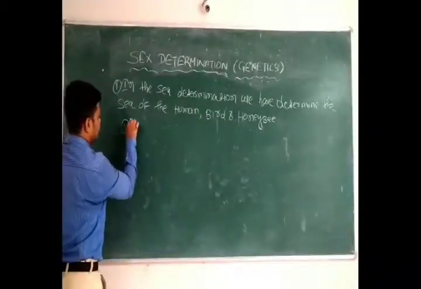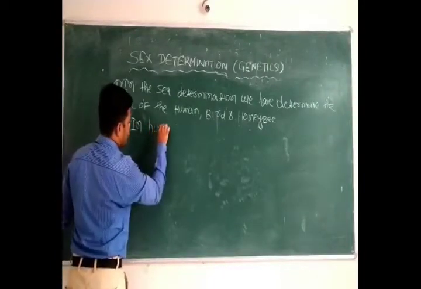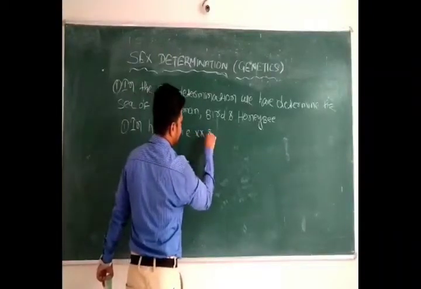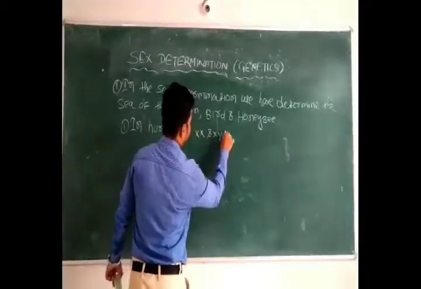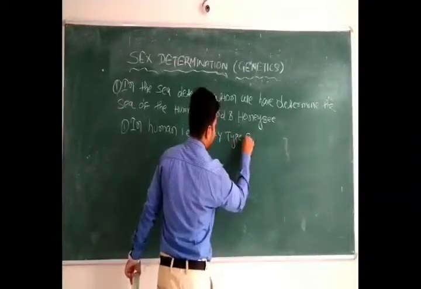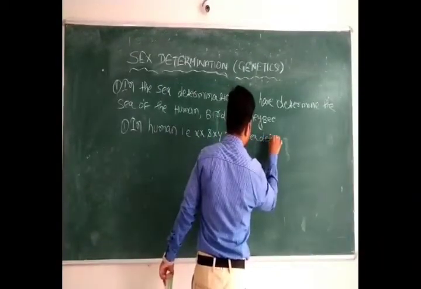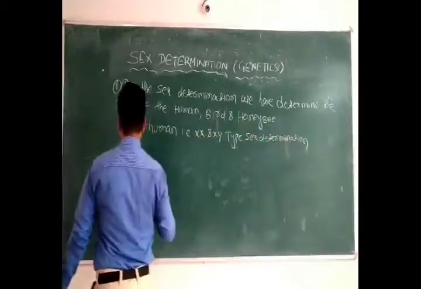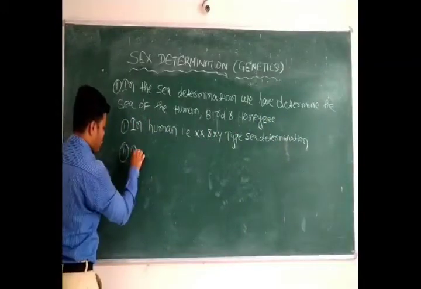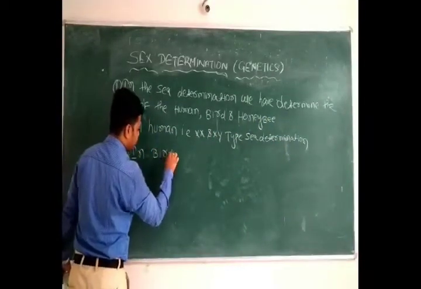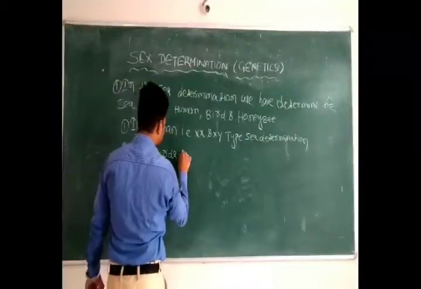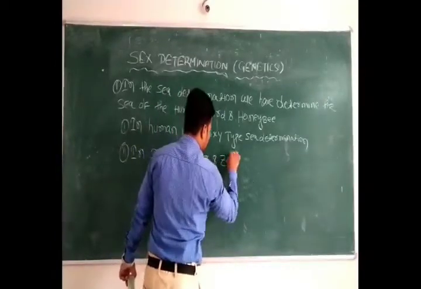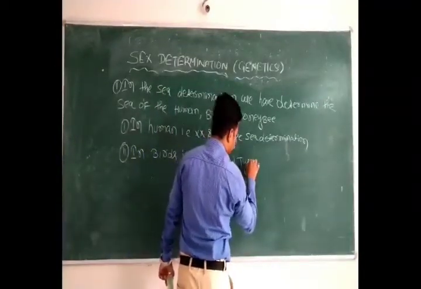In human, that is XX and XY type sex determination. In birds, that is ZZ and ZW type sex determination.